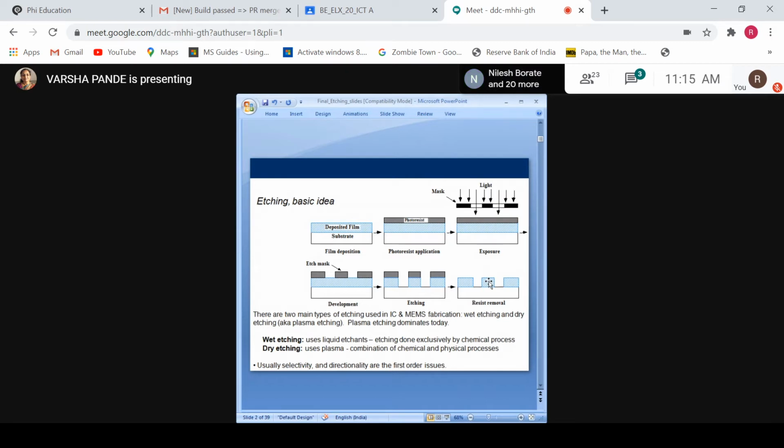Due to the chemical reactions, whatever the solution is there, this will chemically act with the material which is placed inside it, and there will be a chemical reaction between these two, and it will produce byproducts which are soluble in water or which are soluble in that solution, and in this way the parts are removed.